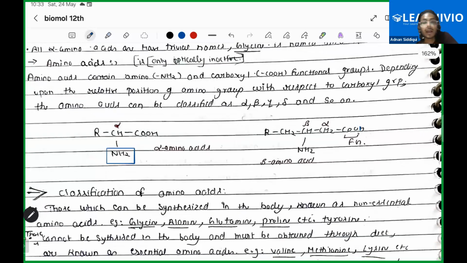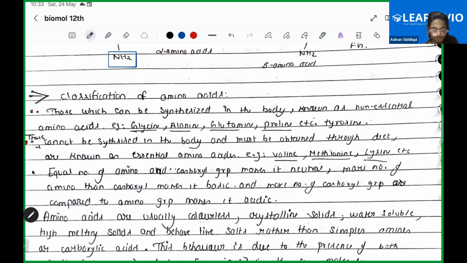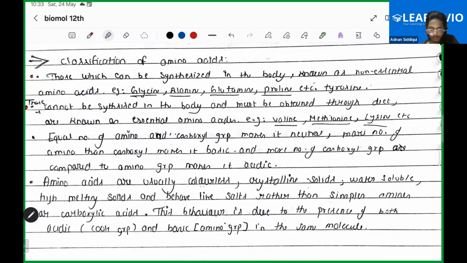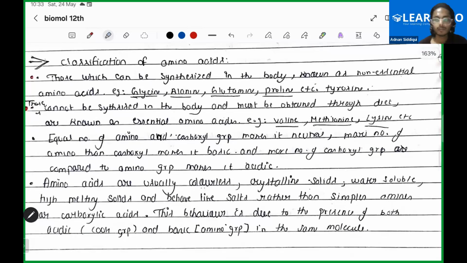Now, classification of amino acids. Amino acids can be classified on the basis of their occurrence, like whether they are essential or non-essential. Whether they are able to form in our body on their own, or whether we need to take them externally.